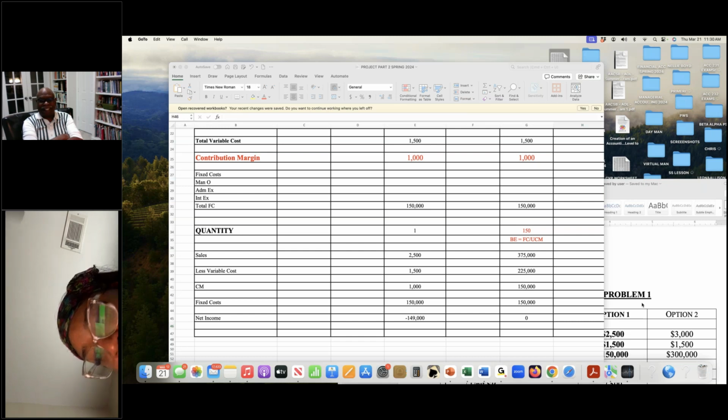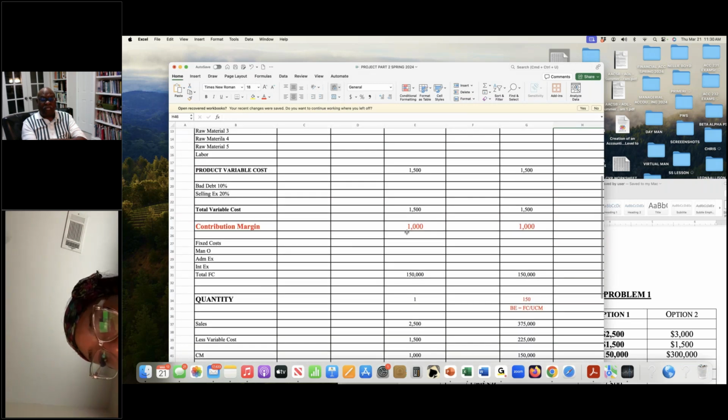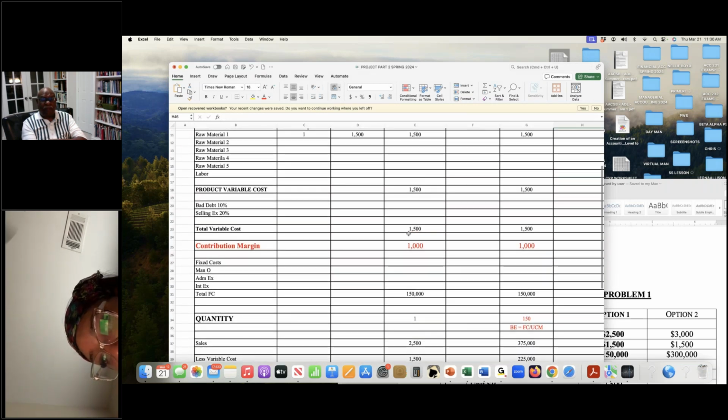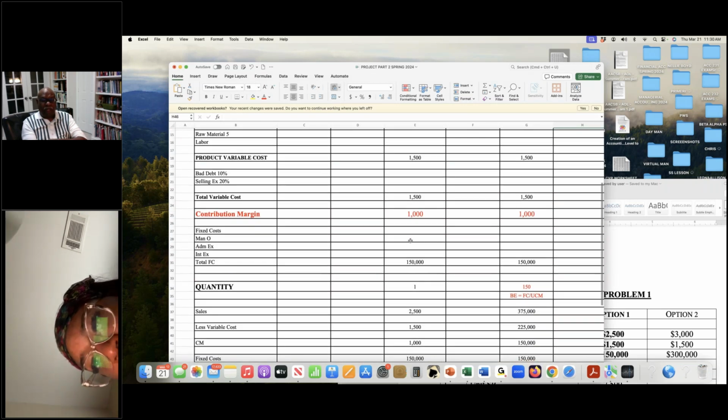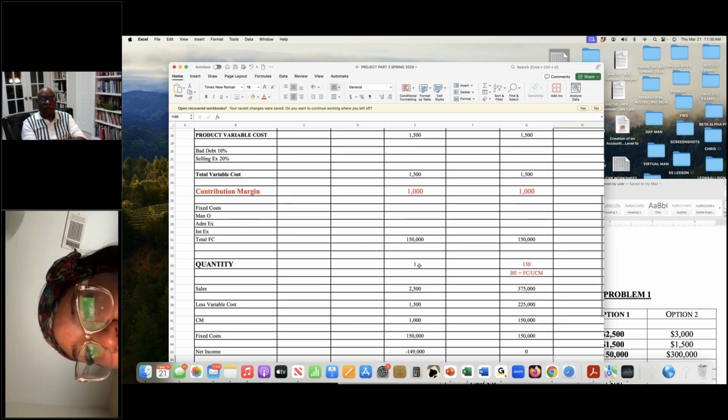I got a question. I thought 2500 minus the 1500 was like 1,000. It is, but we put 150. Okay, the first thing we did was we looked at what was going to happen if we sold one.